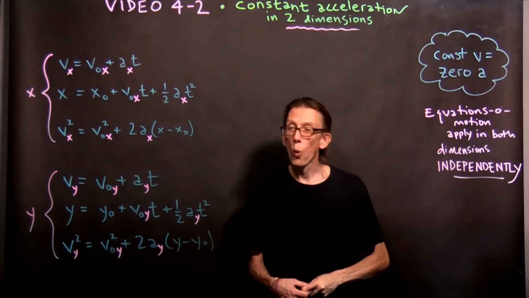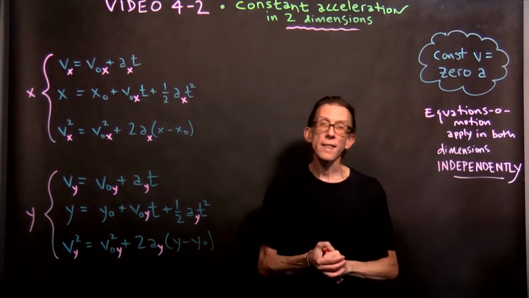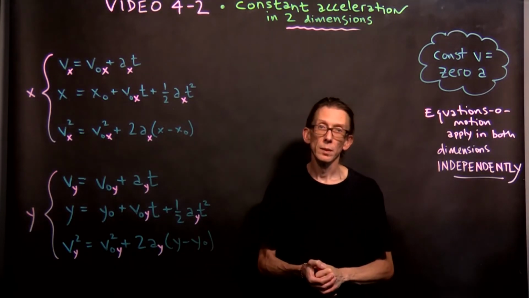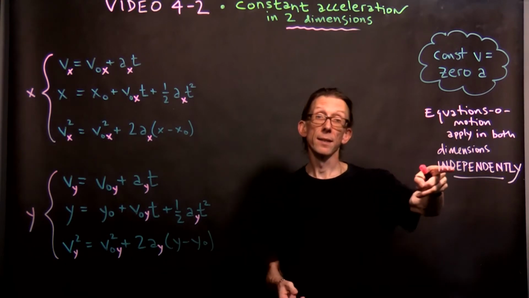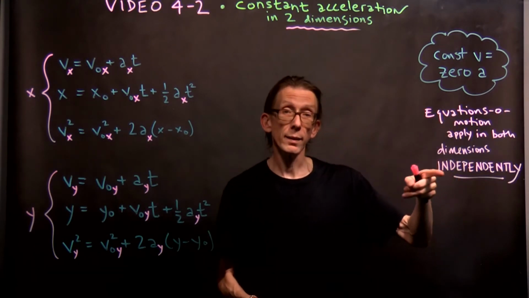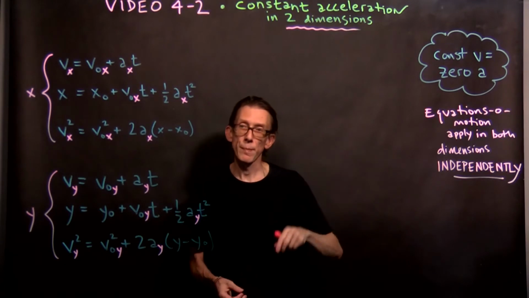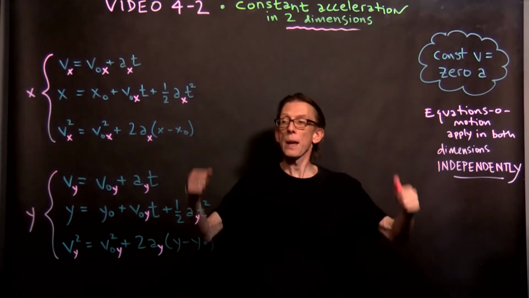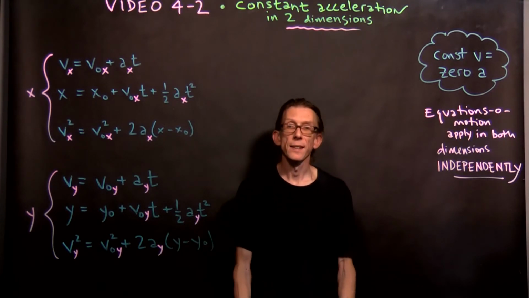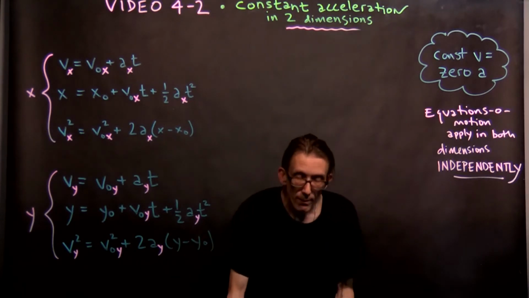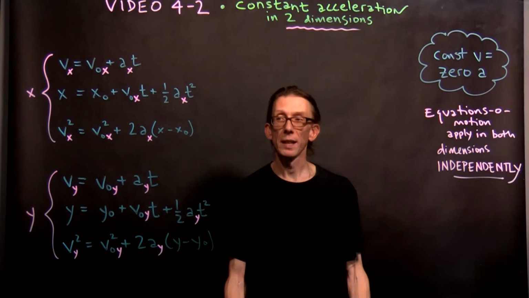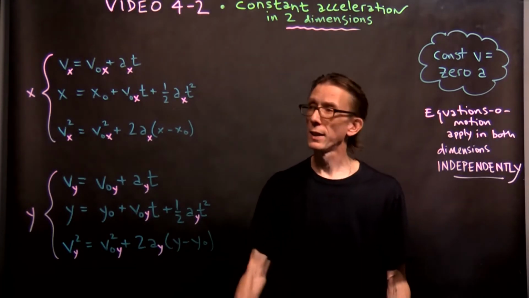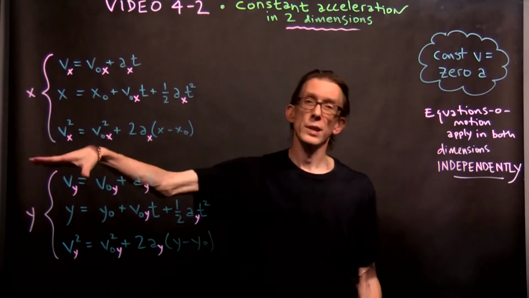And there's only one quantity that connects them. The motions are independent, and again, I'll say what that means a minute later on. But there's only one variable that shows up in both sets, and that is the time. The time connects them. Other than that, they are completely, absolutely separate from each other.